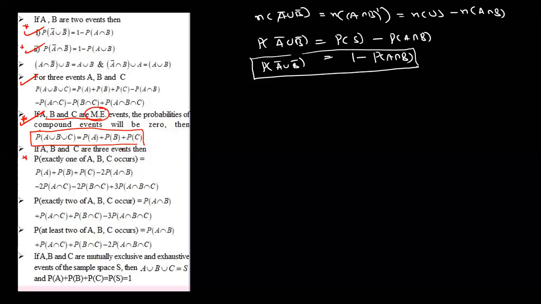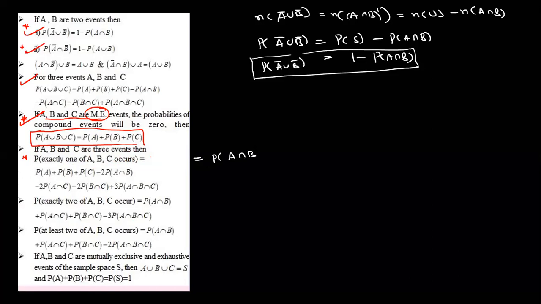If A, B, C are 3 events, then P of exactly one of A, B, C occurs. Means what? Anyone? How to write symbolically? See, I'm writing. Exactly one means what?